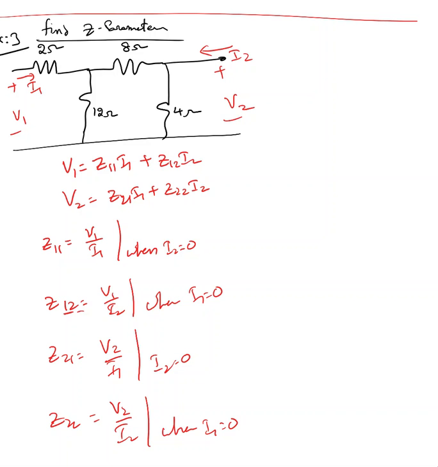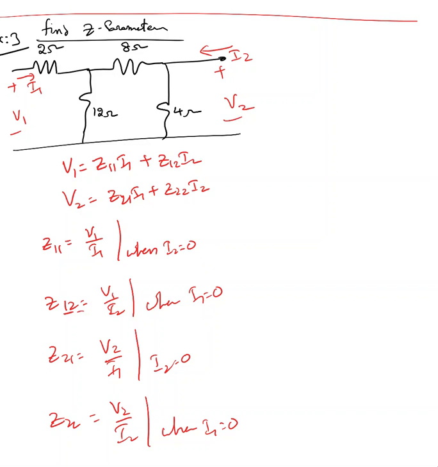Z21 is the open circuit transfer impedance from port 2 to port 1. Z22 is the open circuit output impedance. All of these are open circuit impedances because one of the currents, I2 or I1, is 0, and the current is going to be 0 when it is open circuit.